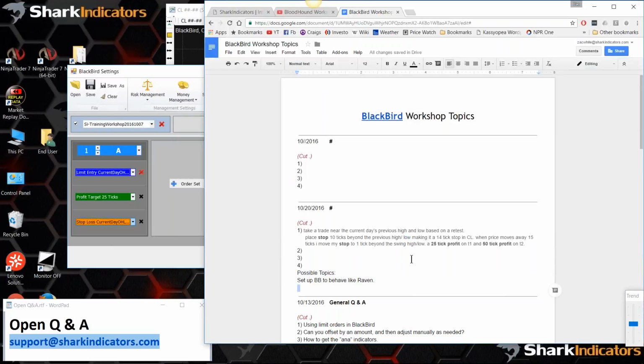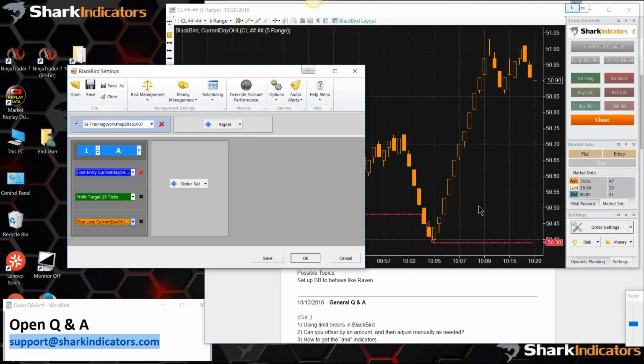All right, and let's see, there is a break even in here. So when price moves away 15 ticks, then we want to move the stop 1 tick beyond the swing high-low.